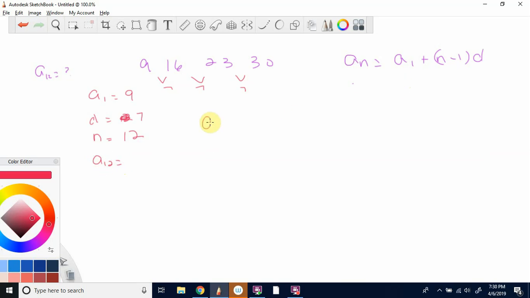So we put in our formula: a of 12 is equal to 9 plus 12 minus 1 times d, and d is 7. We just plug what we know into our formula and solve for a of 12, or y. So we have 9 plus 11 times 7, which is 77, and a of 12 is equal to 86.